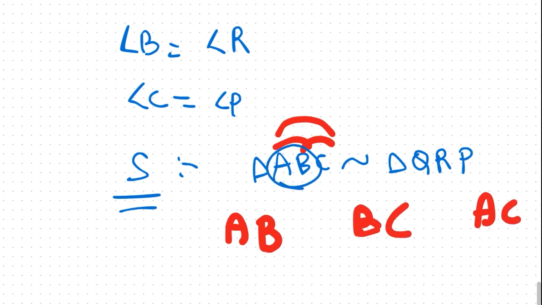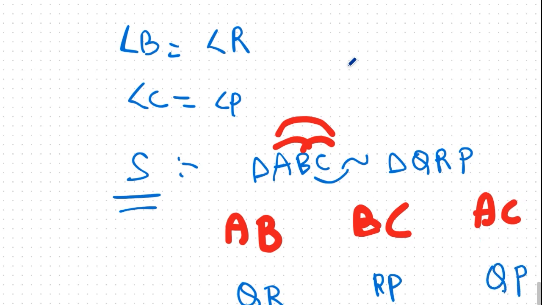AB corresponds to what side on the right? QR, right? So you write QR, and BC corresponds to RP, and CA, AC corresponds to QP. So you have to do this division.